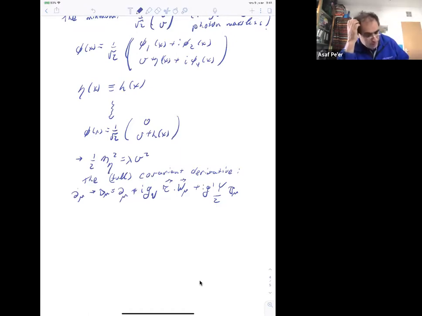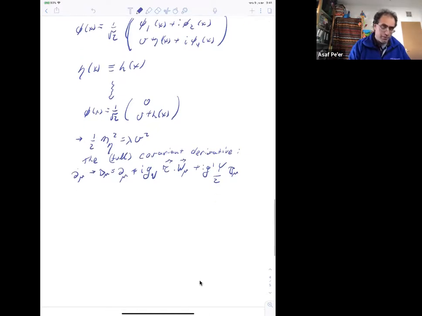Now, the terms in the Lagrangian that generate the masses are, of course, D mu phi dagger D mu phi, and I'm skipping the algebra because it's just annoying algebra.